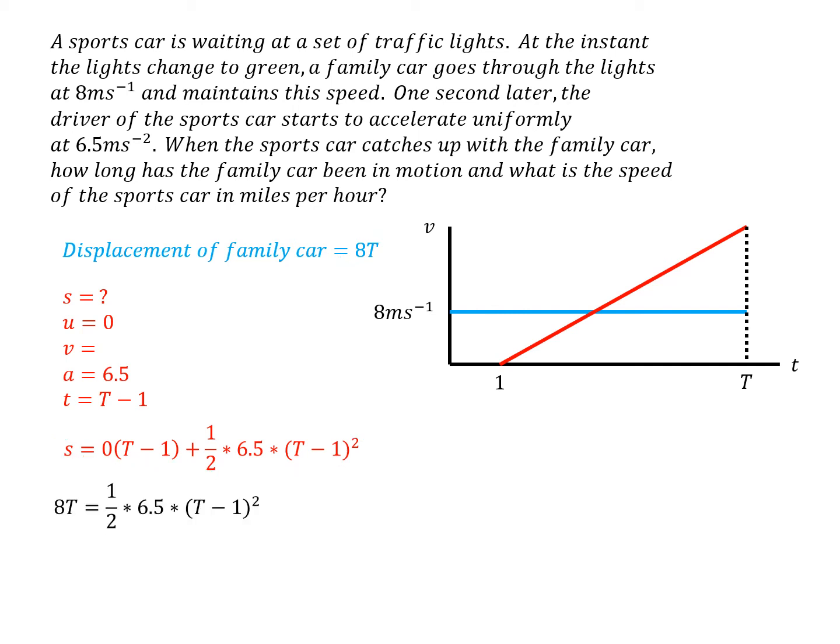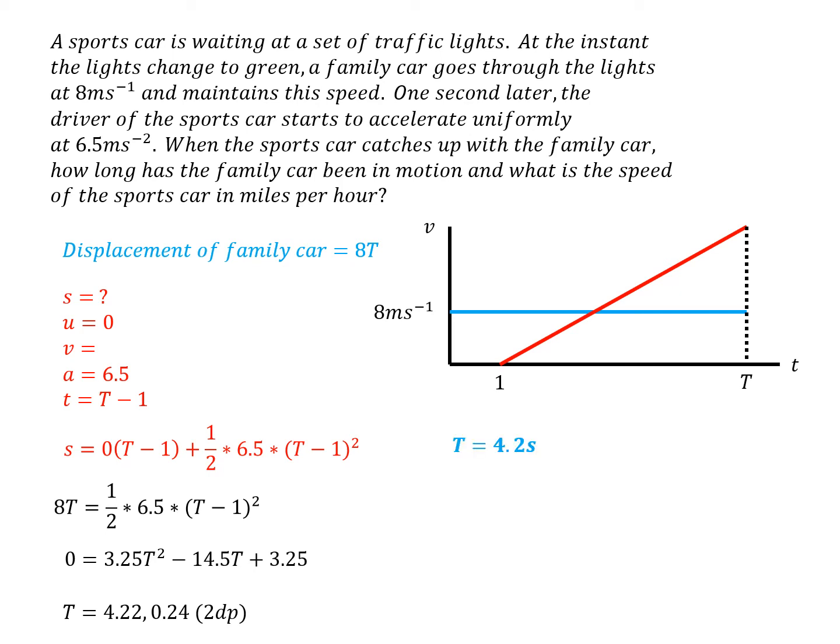So that gives us this equation here. We can simplify that to give us this equation. Pop that into your calculator to get two values of t, which are 4.22 and 0.24 to 2 decimal places.